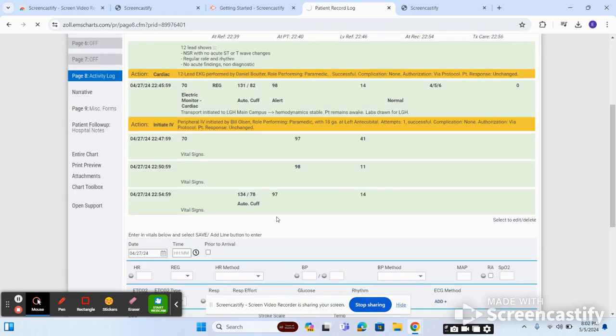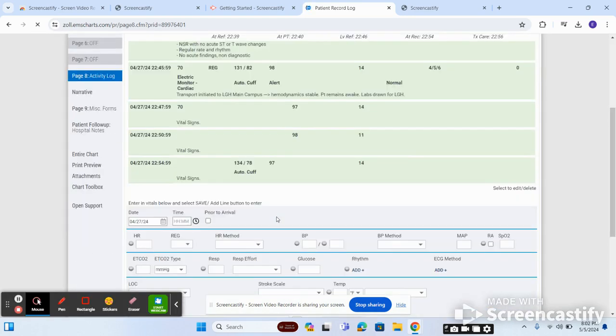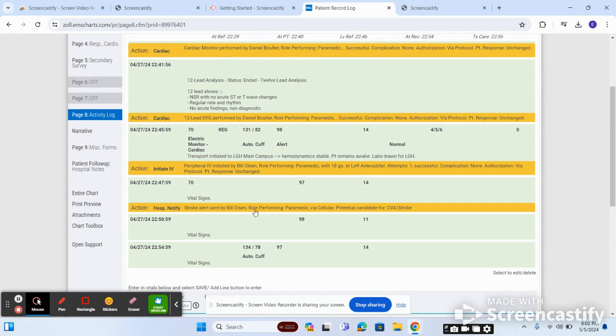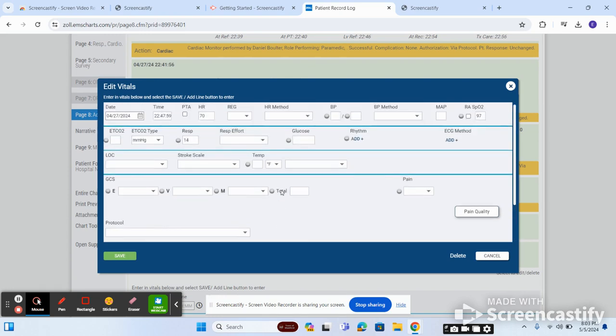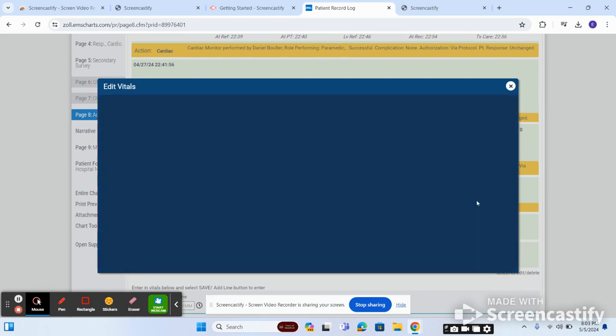So I notified Lowell, requested the stroke alert. That saves as an intervention right here, just like we used to do. It used to be called destination team pre-arrival or pre-arrival destination, something like that. So that's all there. That's good. In here, if we want to make a note and say Lowell General notified of FAST-ED score of 6, we can put that in there, and that's good for that.